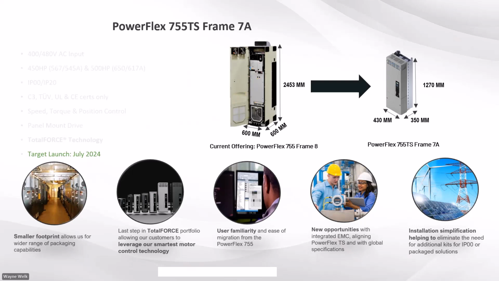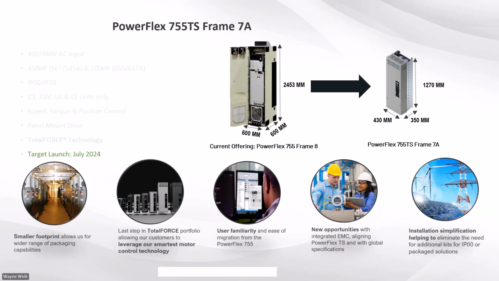So this is what we're looking at. The 755 TS would be frame 8. We're talking like 545 amps, 450 horsepower, 400 horsepower. Typically with the 755, we would move into the frame 8, which you would see in the middle there. Now we have the frame 7A, which is only in the 755 TS family. The frame 7A can fit into enclosures.